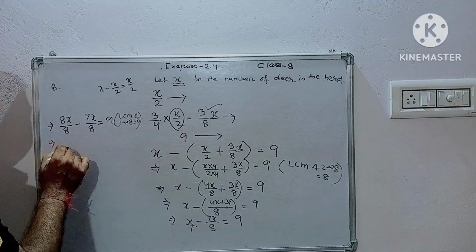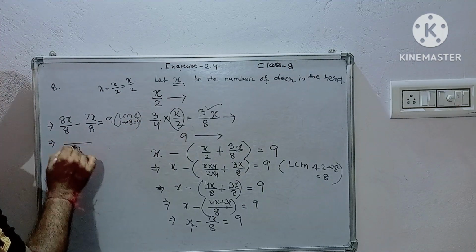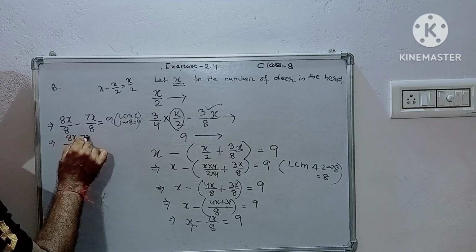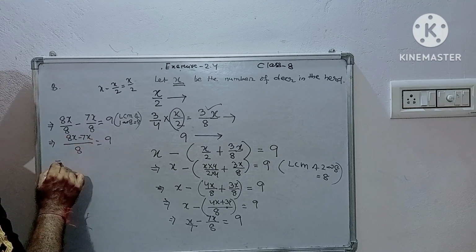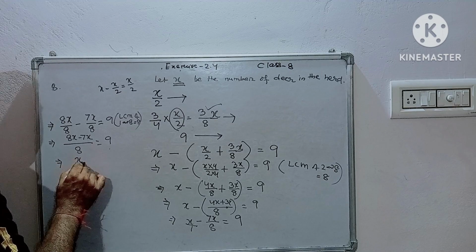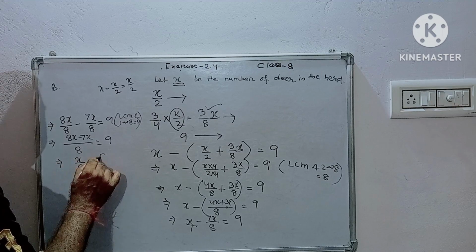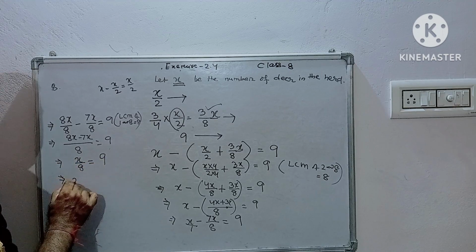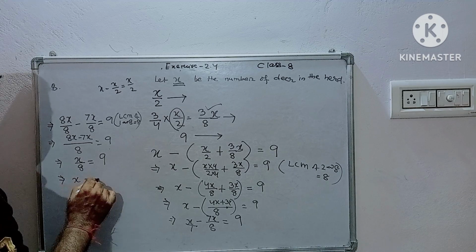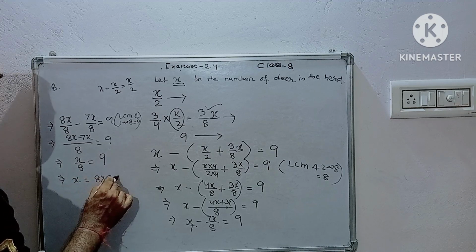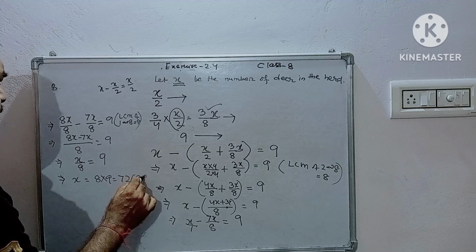That implies common denominator is 8. 8x minus 7x is equal to 9. That implies x upon 8 or x divided by 8 is equal to 9. That implies x is equal to 8 into 9, is equal to 72. So this is the solution.